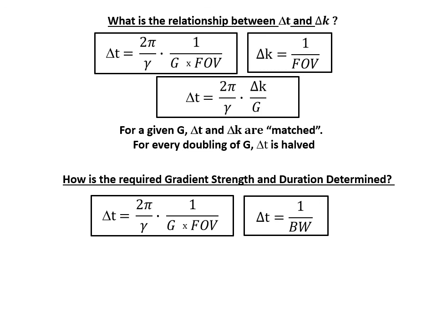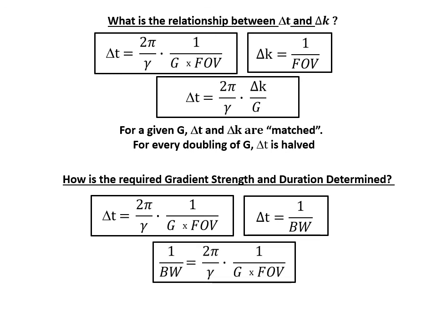And this brings us to the formula that we used at the very beginning. How is the required gradient strength and gradient duration determined? We use the formulas that we've previously used. The sampling interval is equal to a constant multiplied by 1 over the gradient strength times the field of view. And we know, according to the Nyquist theorem, that the sampling interval is 1 over the bandwidth.